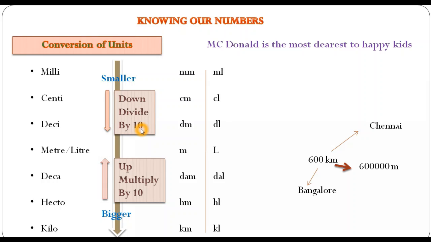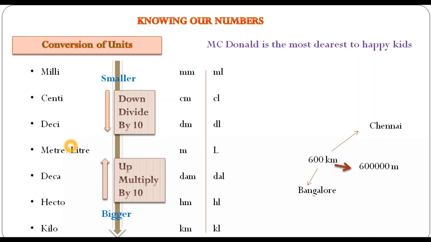Divide by 10, 100, 1000, depending on, so the number of zeros will depend on how many jumps you need to make. So if you are jumping from milli to meter, how many jumps from milli to meter? 1, 2, 3 jumps. So you will divide by 1000 because you are coming down, and 3 zeros because there are 3 jumps.